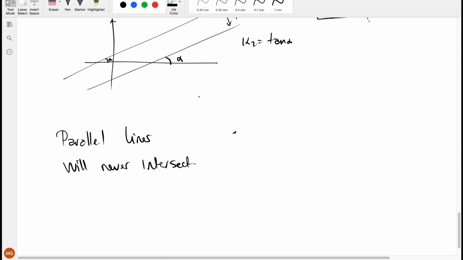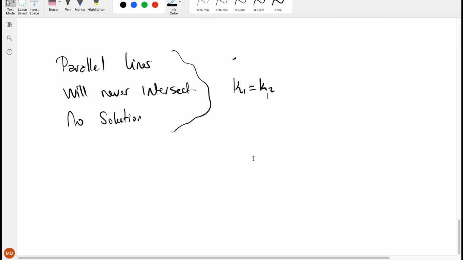Let's say there is no common point for these two lines. So if you see no solution, it also means they are parallel lines, when we are talking about two linear equations. So the reverse means k1 is equal to k2.